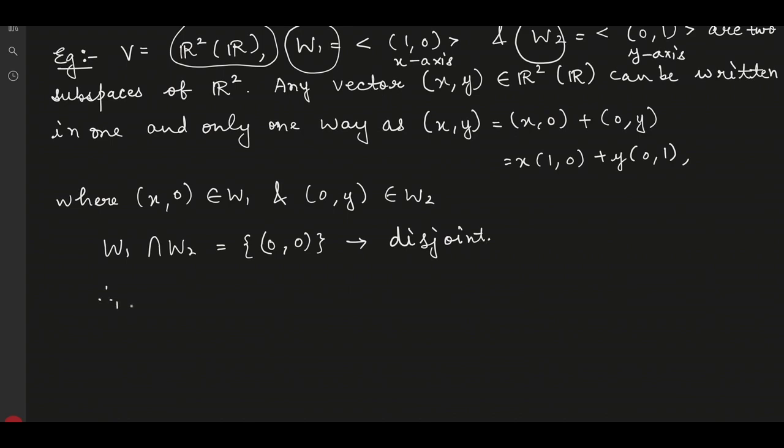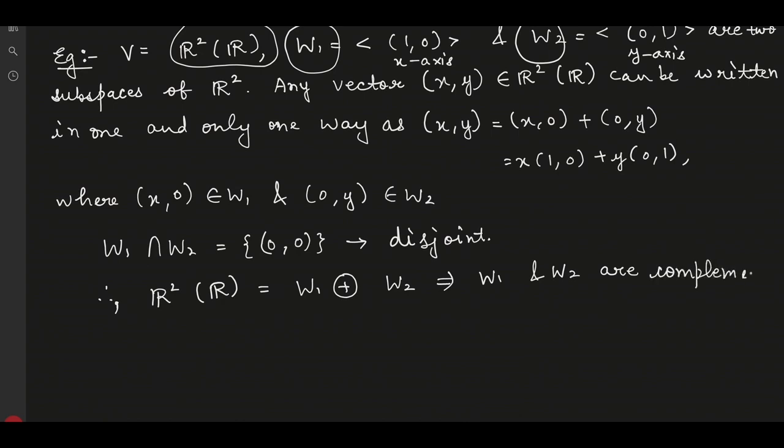Therefore, R square over R can be written as a direct sum of these two subspaces, means W1 and W2 are complementary subspaces. Is this clear? Any doubt? Okay.